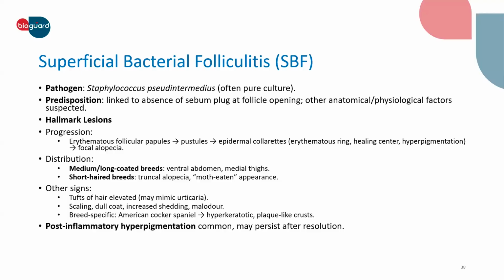Other signs would include tufts of hair elevated, scaling, dark coat, increased shedding, milder and breed-specific, especially for the American Cocker Spaniel, which shows hyperkeratotic plaque-like crust. And post-inflammatory hyperpigmentation is common and may persist even after the disease resolves.